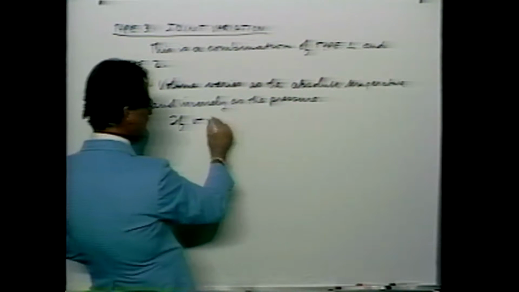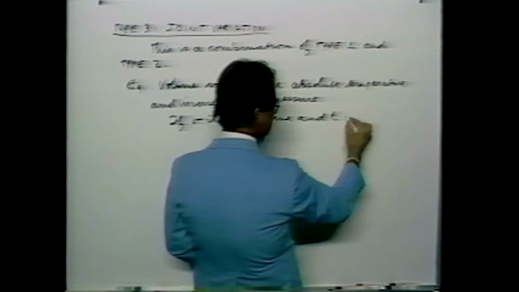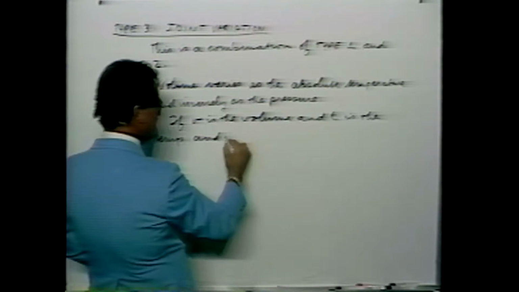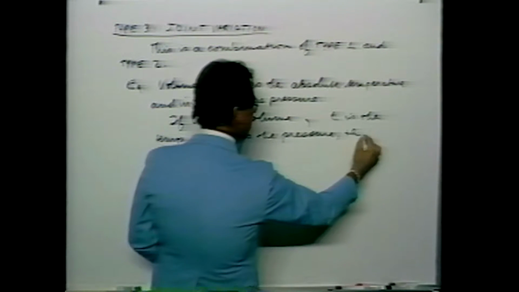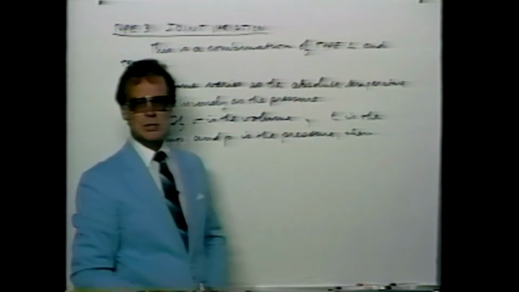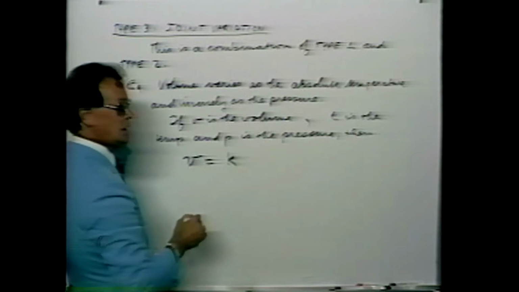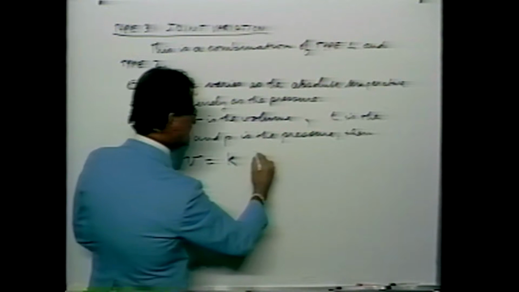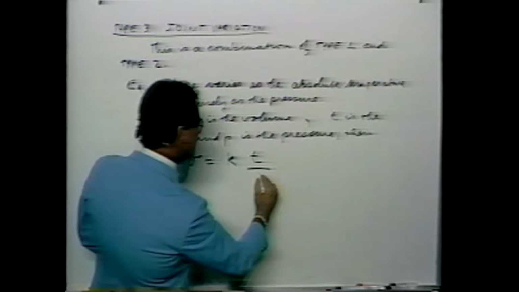If V is the volume and T is the absolute temperature and P is the pressure, then the formula which represents this physical law is V equals K, always a constant of proportionality, varies directly as T, but inversely as P. I will now solve some variation problems.